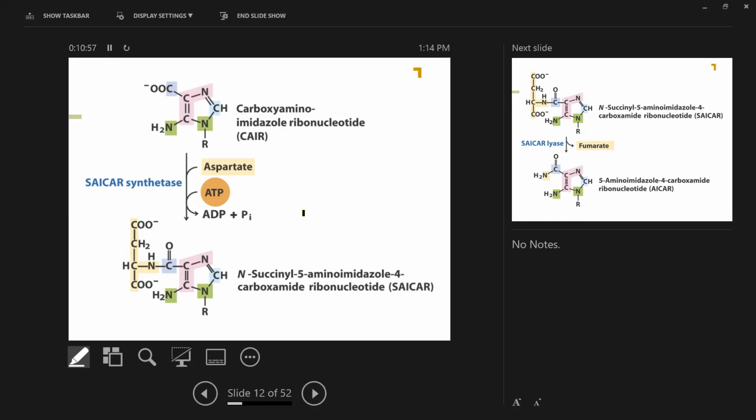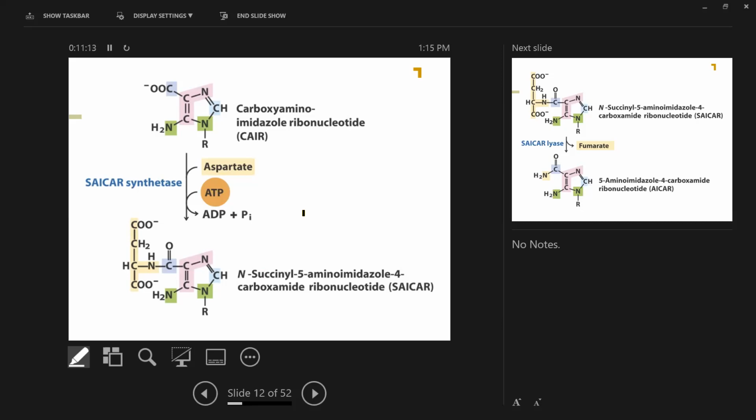And we're going to make this forbiddingly long named thing. Look at this. Have we seen that strategy before? Urea cycle.